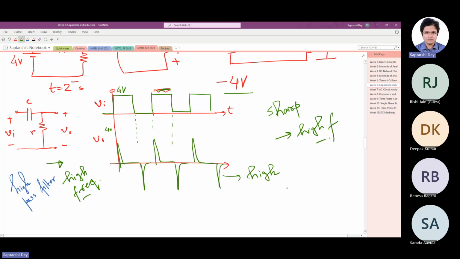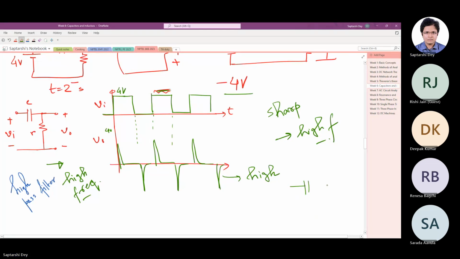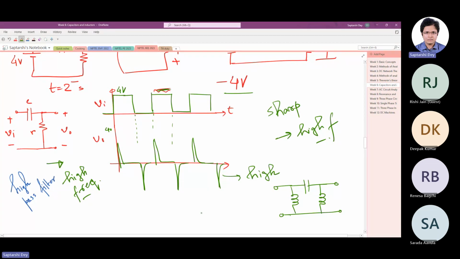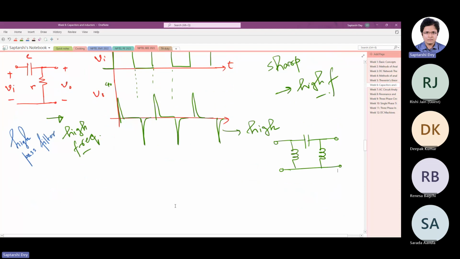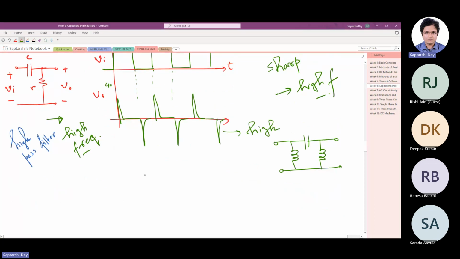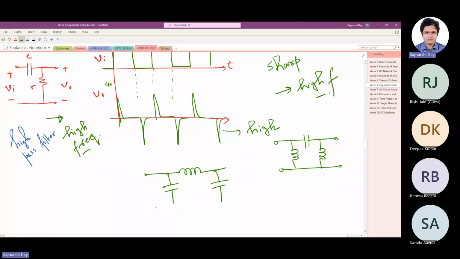An even better high pass filter may be like this. Say for example, transmission line. The transmission line is often modeled like this, the equivalent circuit of a transmission line.